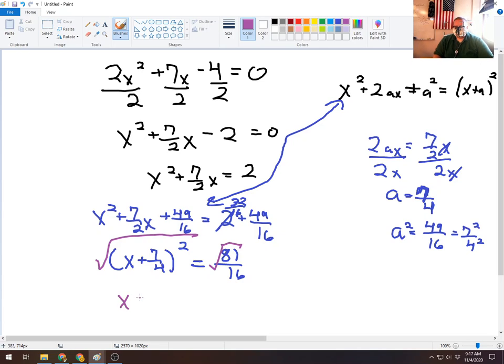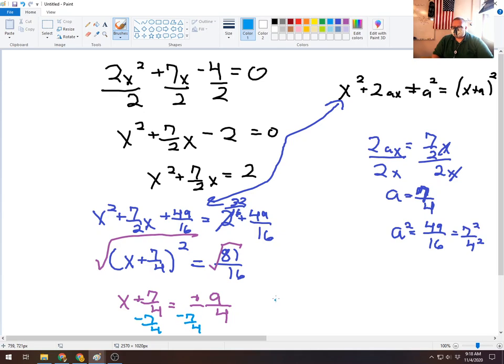Now we only have one x, so we can just solve it like we regularly would. Take the square root to get x by itself. We have x plus 7 over 4 equals, remember, plus or minus. You just take the square root of top and bottom. The square root of 81 is 9, that's kind of nice, over the square root of 16, which is 4. Then, to get x by itself, we just subtract 7 over 4 on both sides.